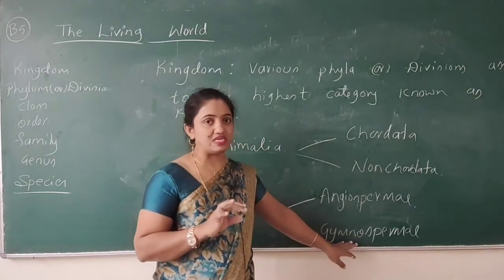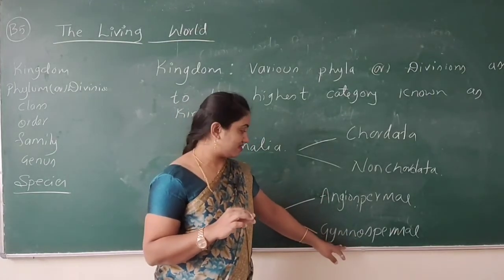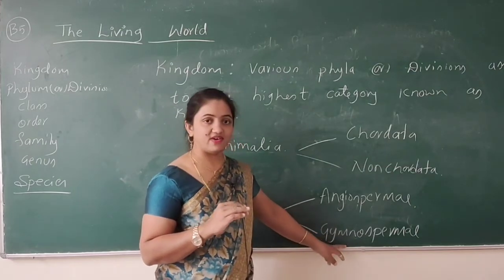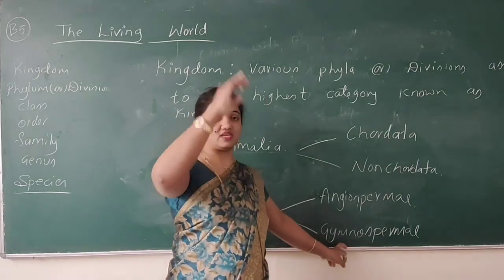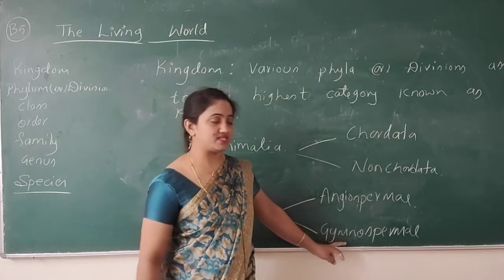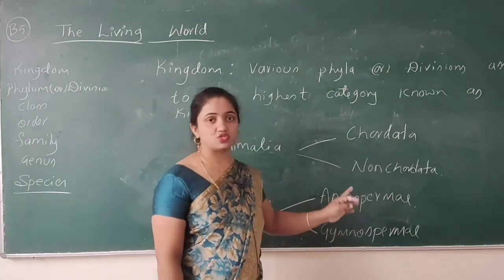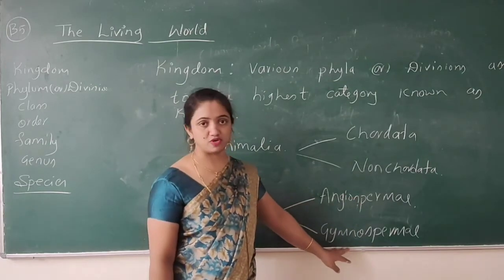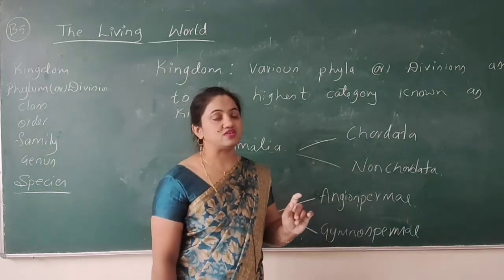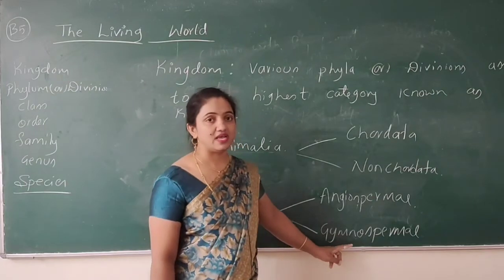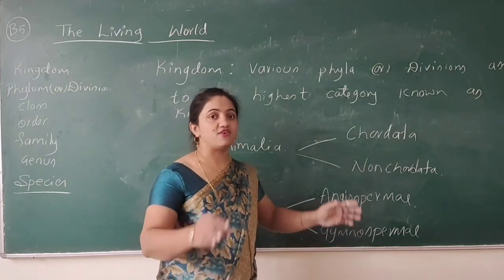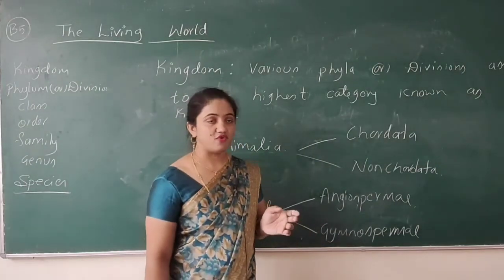The ovule is naked, and the tallest plants are present in this division gymnospermy, and shrubs are also present in this division. The unique feature is that the ovules are naked. The ovules are not covered by the ovarian wall.